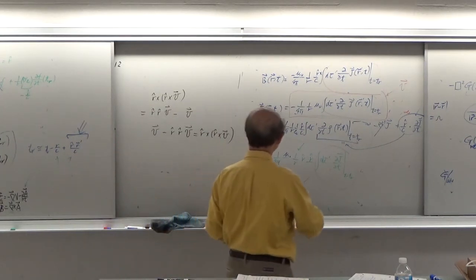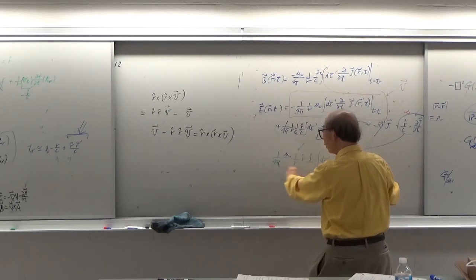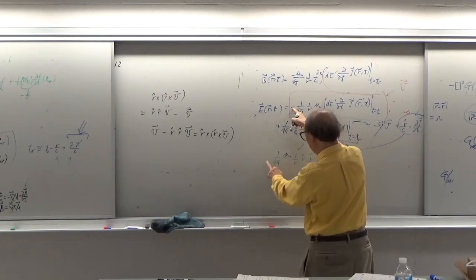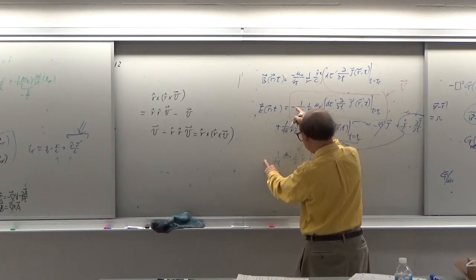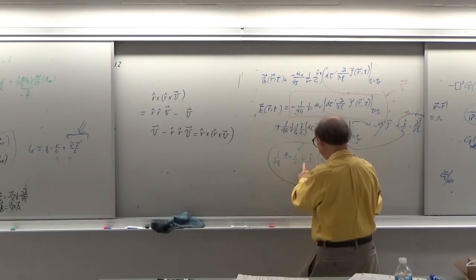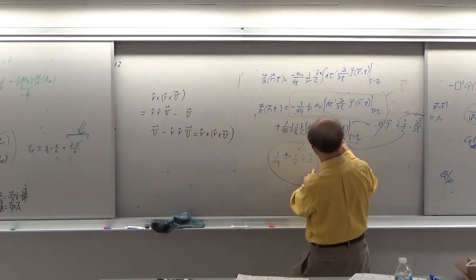Lo and behold, if this is a v, you can check. This is that term with a relative minus sign. So we identify this r hat over r hat dot, this was v.